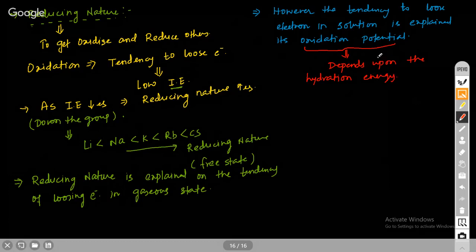Okay. More hydration energy, more will be the oxidation potential. What we can write? More hydration energy, more will be the oxidation potential.